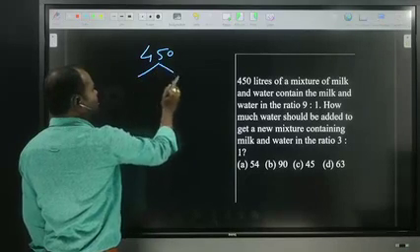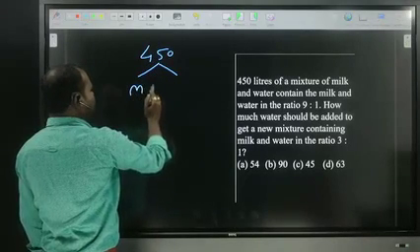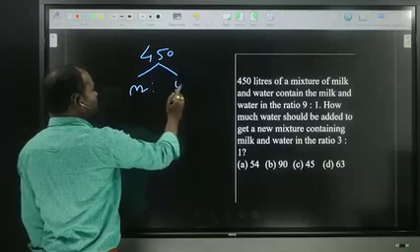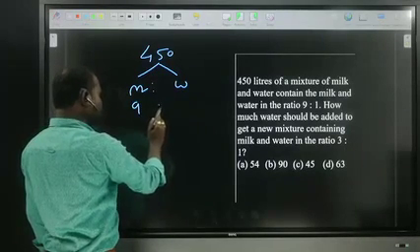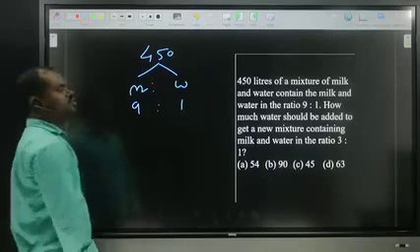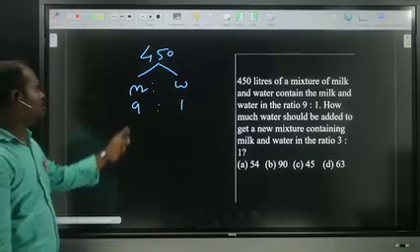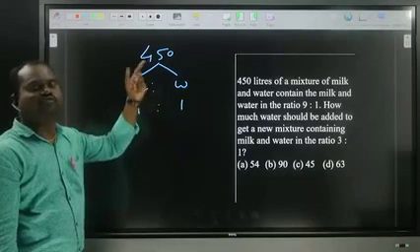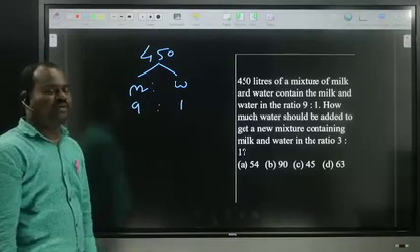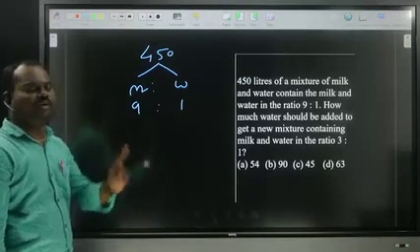Milk and water are in the ratio 9:1, so 10 parts in total. 10 parts is 450, so one part is 45.